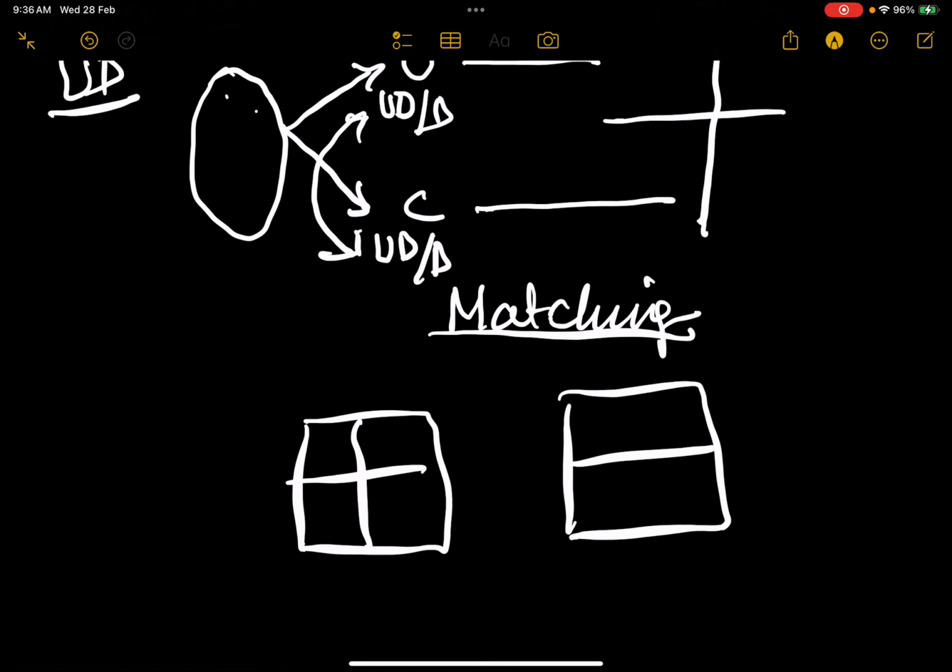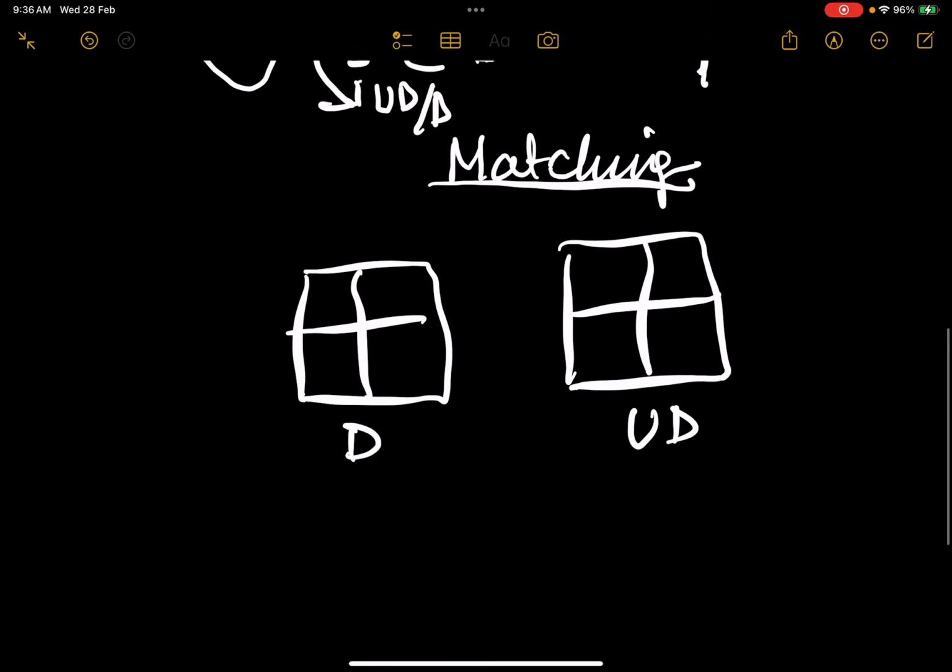The third thing that can happen is that we can draw these 2 by 2 tables separately for displaced and undisplaced fractures. So these numbers are only for displaced fractures and these numbers are only for undisplaced fractures. Therefore, we will get 2 risk ratios, RR1 and RR2.